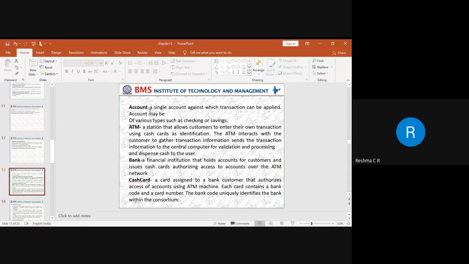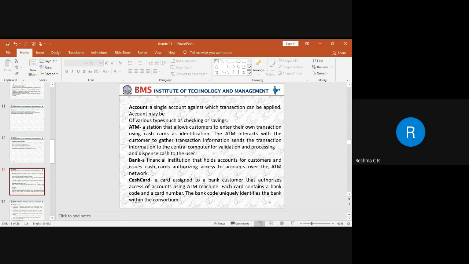He can have different types of account: either the customer can have a checking account, or a savings account. Depending upon the account availability in his bank, he can perform transactions using that particular type of account. That is how we give a description.